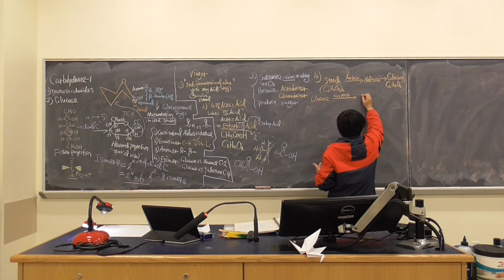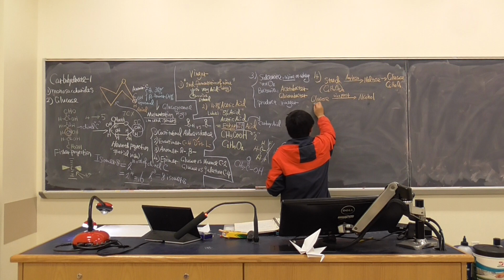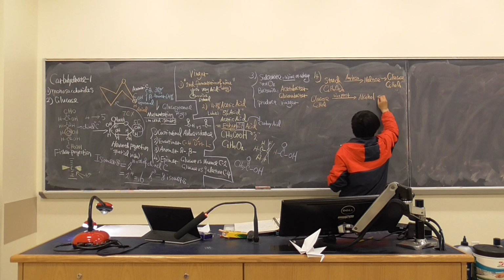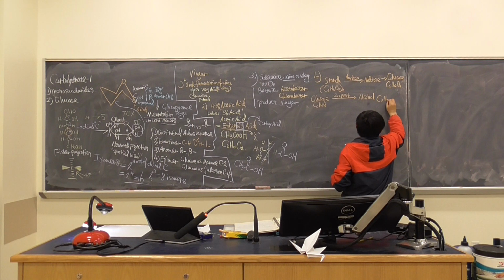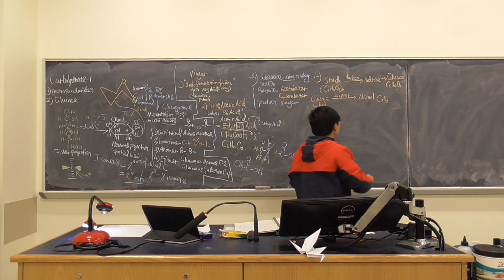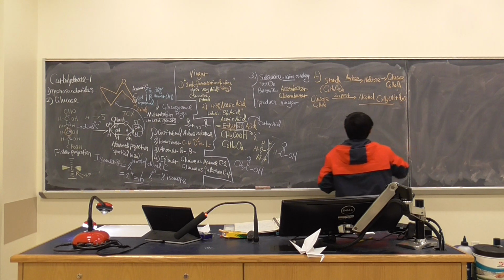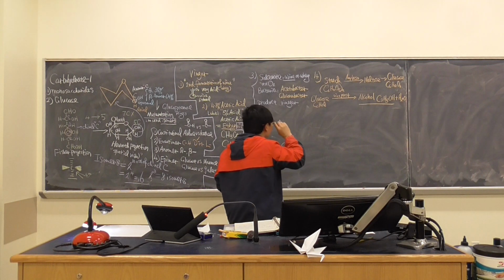The fermentation products will generate alcohol. So C6H12O6 becomes C2H5OH. Now, of course, there's water that comes out. So ethanol comes out, the alcohol comes out.